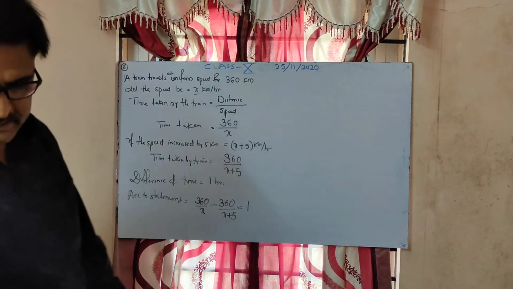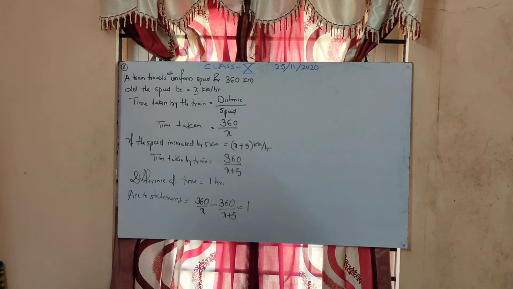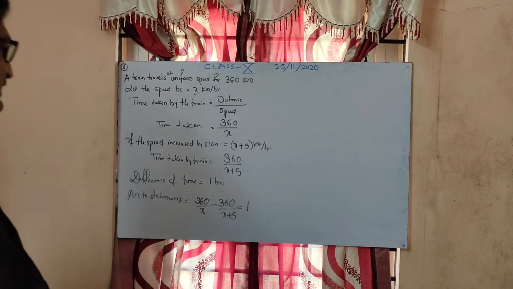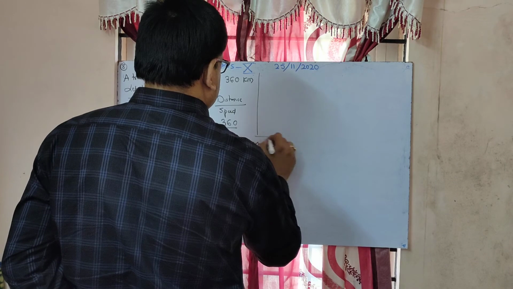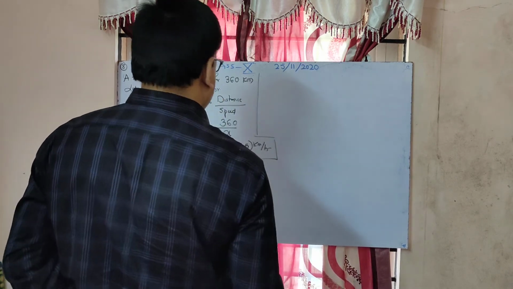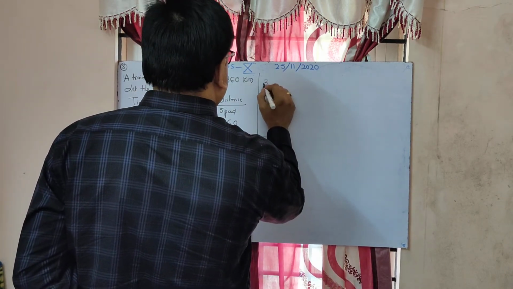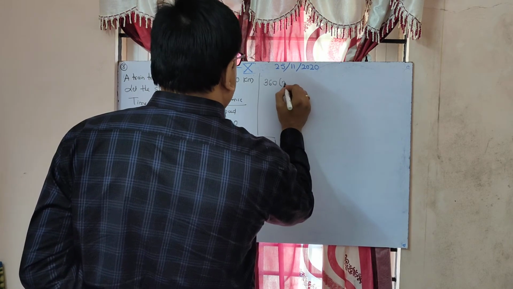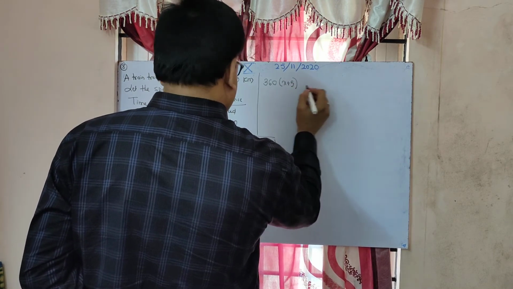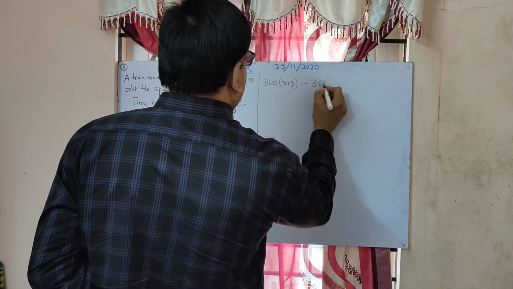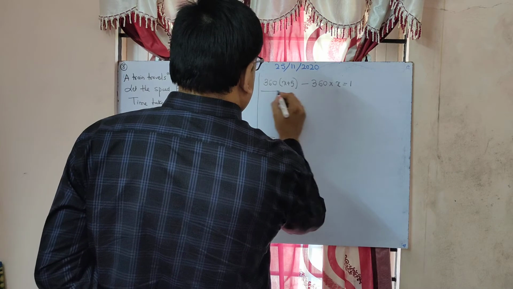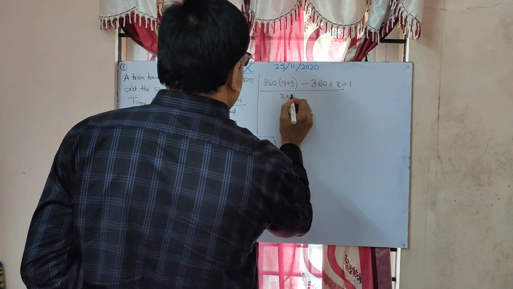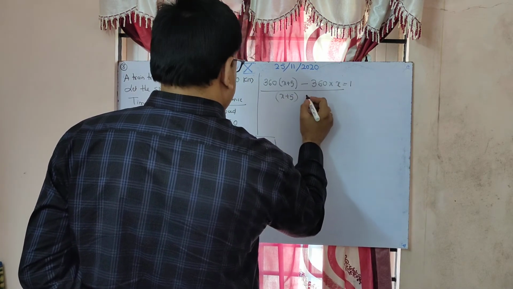Now you got the equation, and you just solve this equation by using the LCM method. That is 360 into x plus 5 minus 360 into x equal to 1 divided by x plus 5 into x.